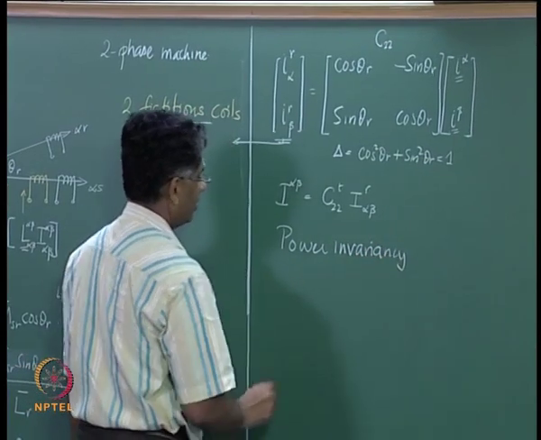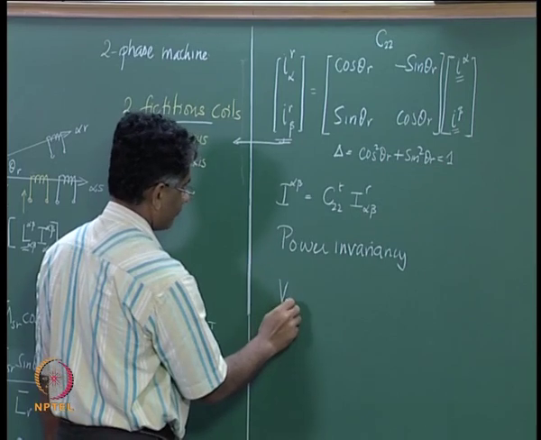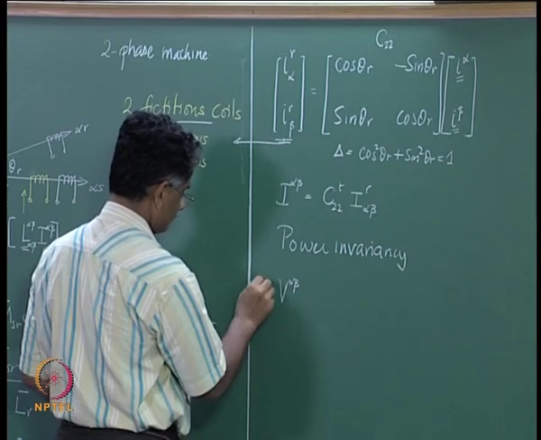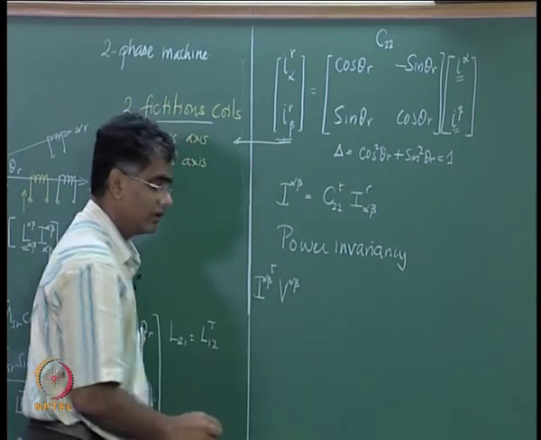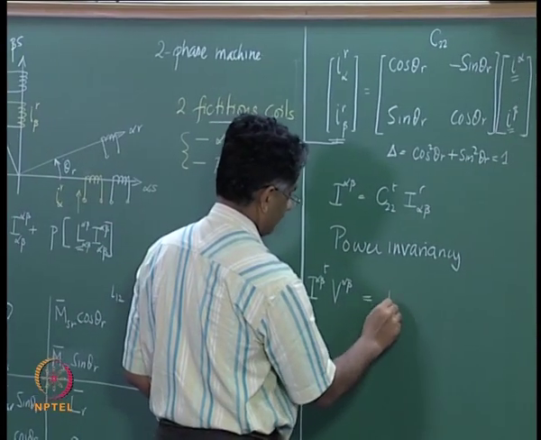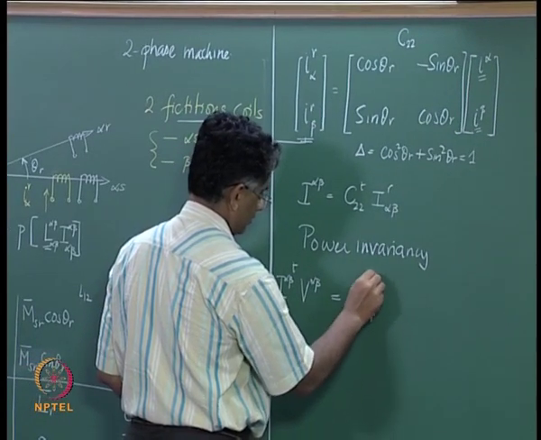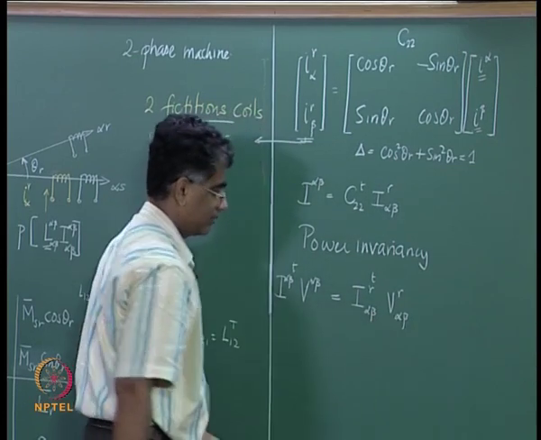which then means that I alpha beta transpose into V alpha beta, you would like it to be I r alpha beta transpose into V r alpha beta.